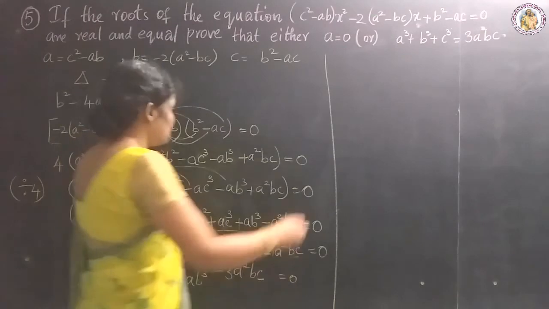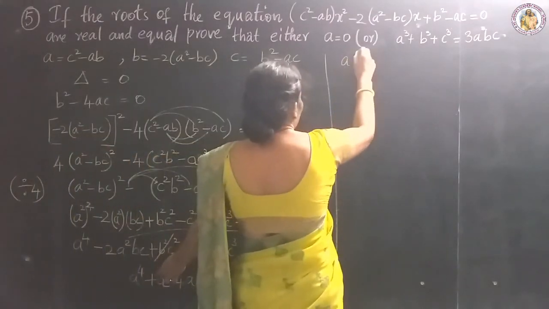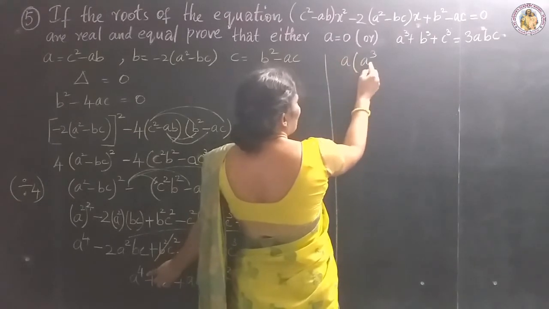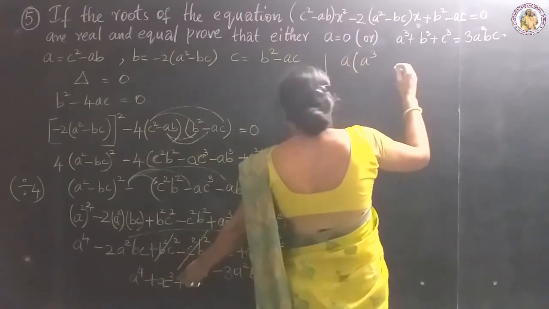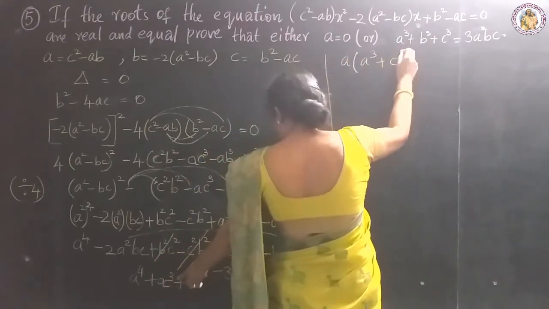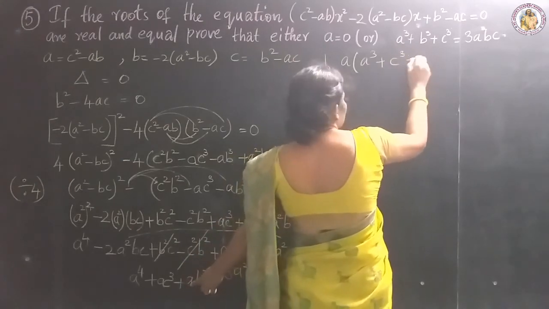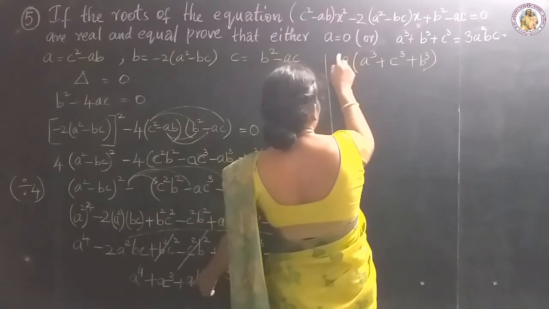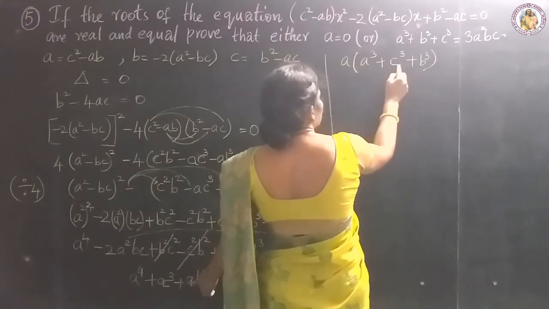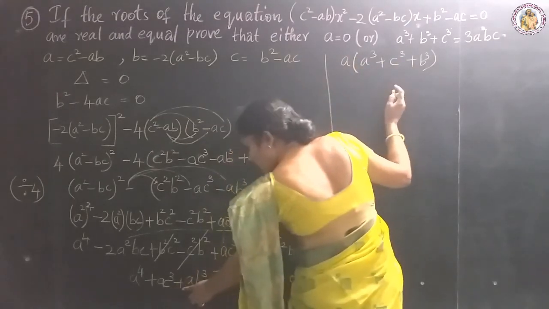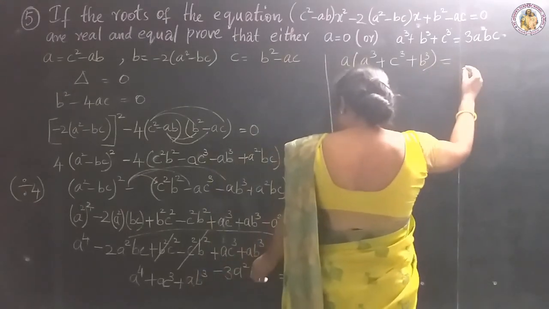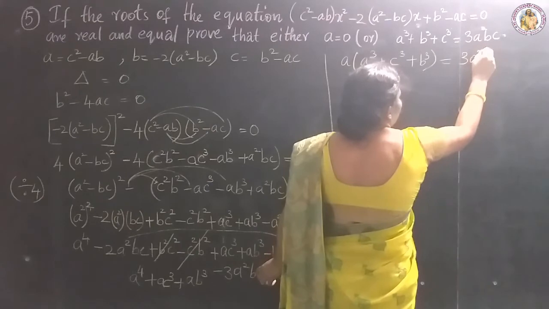Now take a common: a into a³ is a⁴, and plus c³ plus b³. If you multiply, you must get a⁴ and a into c³, ac³, and a into b³, ab³, is equal to 3a²bc.